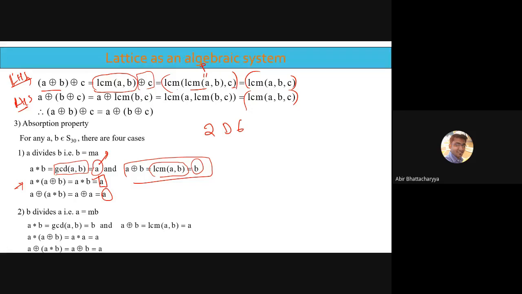B divides A. Now, in this case 2 becomes B and 2 becomes A. Calculating, we will get both equal to A only. That means we can absorb B.